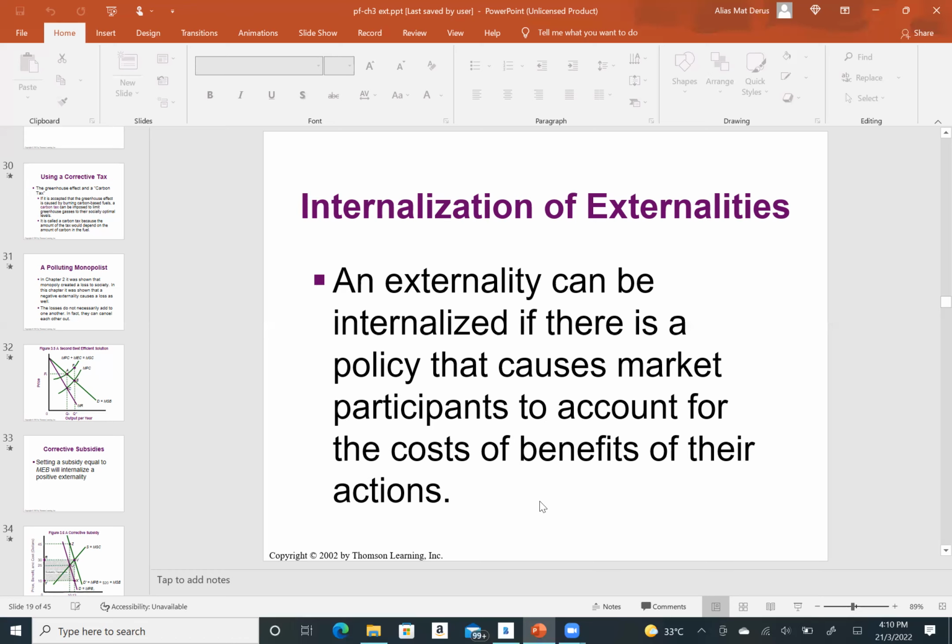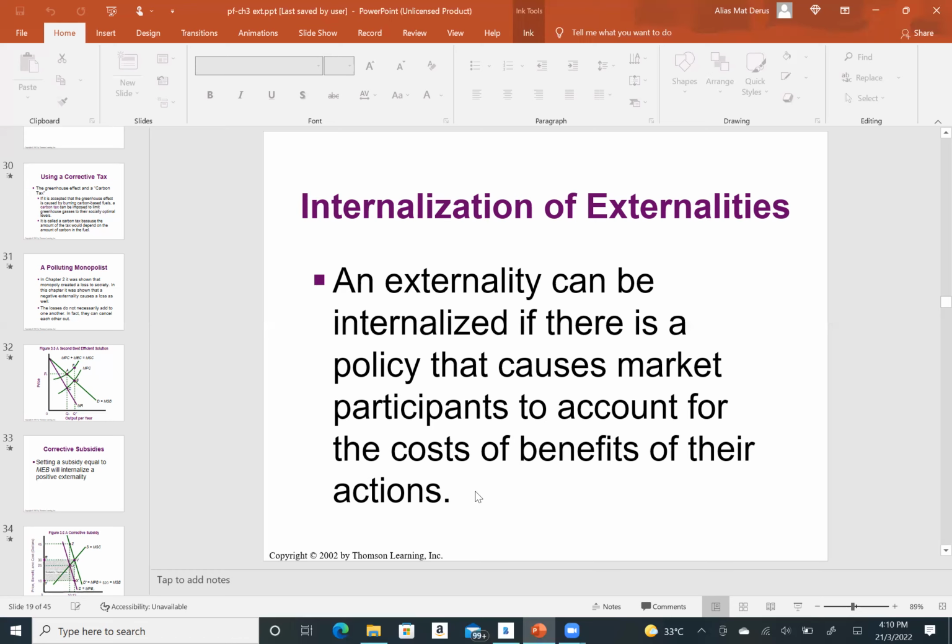The benefit or the cost. Not the cost or the benefit, the external benefit. It's either external cost or external benefit.